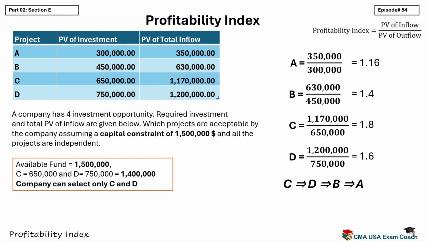By selecting Project C and Project D, the total investment will be $650,000 plus $750,000, which equals exactly $1,400,000. This fits within the budget, and at the same time, it gives the maximum return because we are choosing the projects with the highest profitability index. So, the best combination here is Project C and Project D.